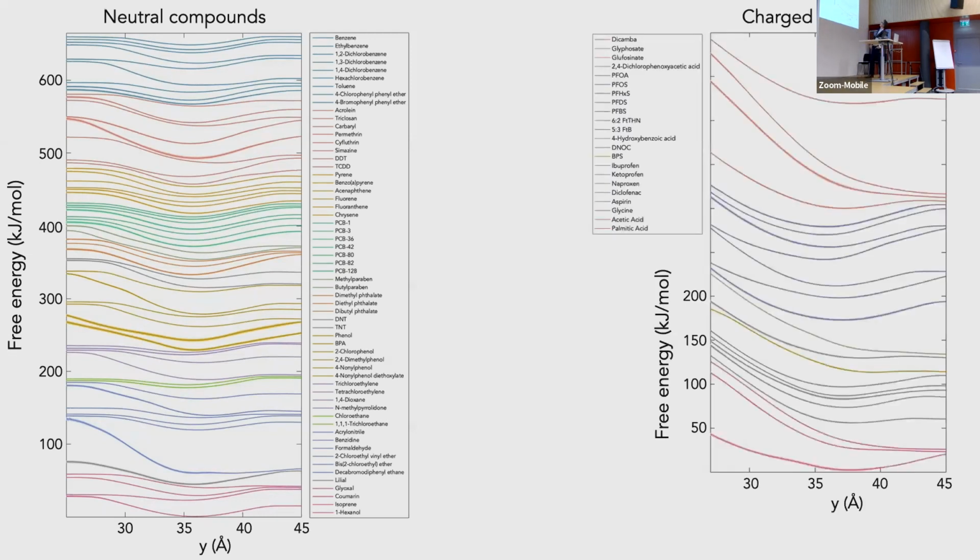All these charged compounds over here. We tried to get a nice sample of a few legacy contaminants and then a whole bunch of emerging organic contaminants that are hot these days. Anything that was written about in the newspaper, we're like, let's simulate it.